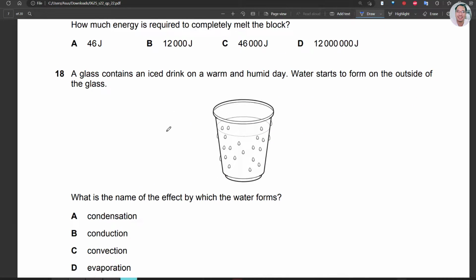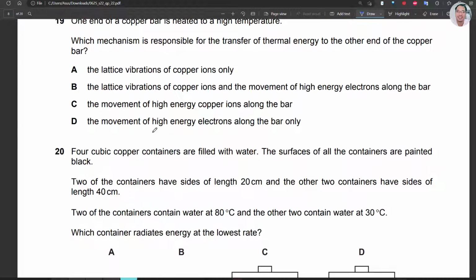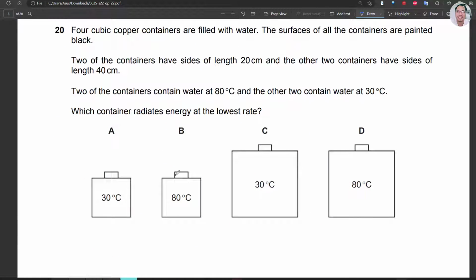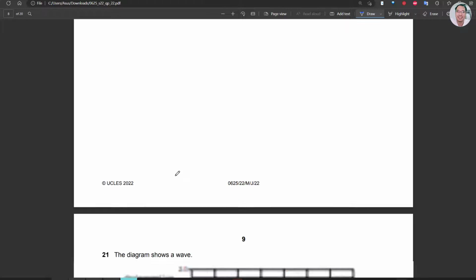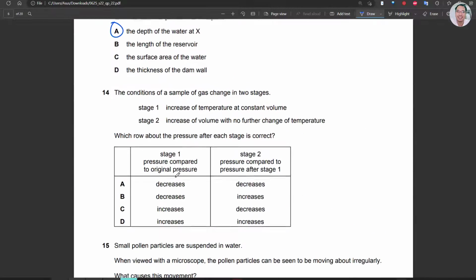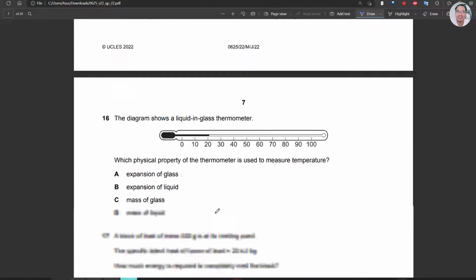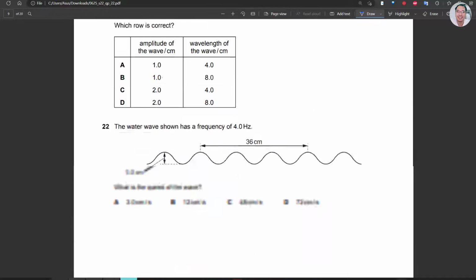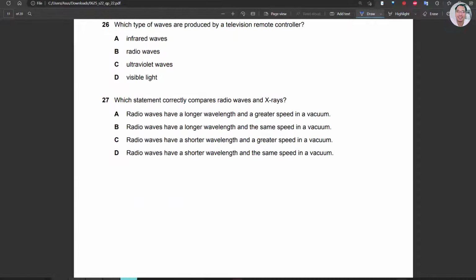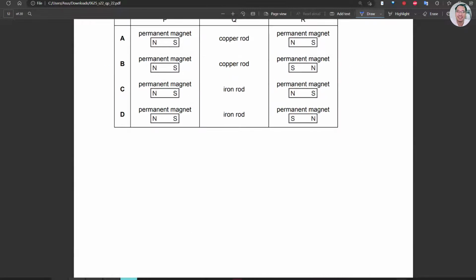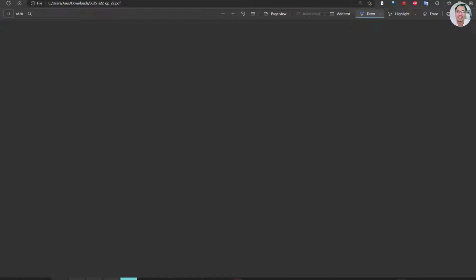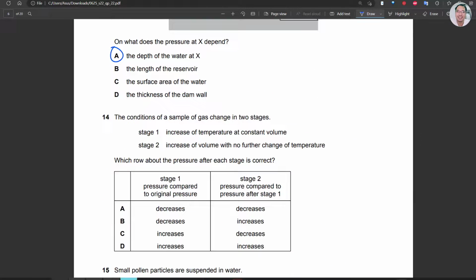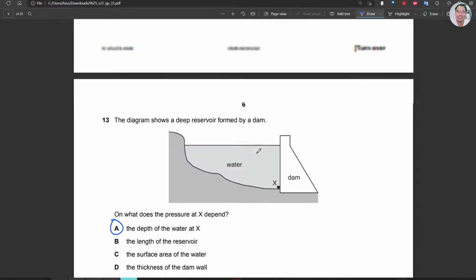Next. A copper bar heated, thermal, water, surface, all about thermal. So the first 15 questions are about mechanics. The next things down here are about thermal, waves, electricity, etc. So we're almost done with the mechanics part in the first 15 questions.